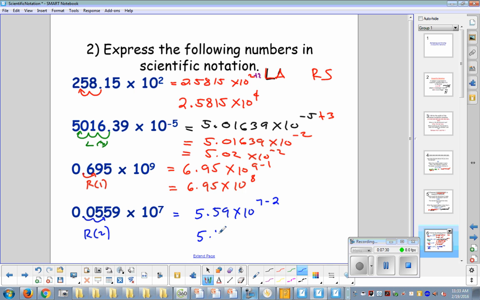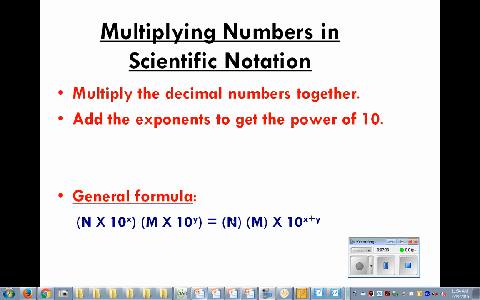So 5.59 times 10 raised to 5. So that's your scientific notation. So here's the procedure when you multiply two scientific notations. You multiply the decimal numbers together, multiply the two base 10, and when you multiply the base 10, you have to add exponents.